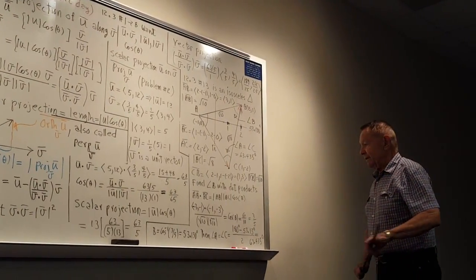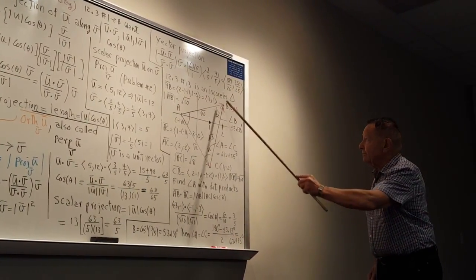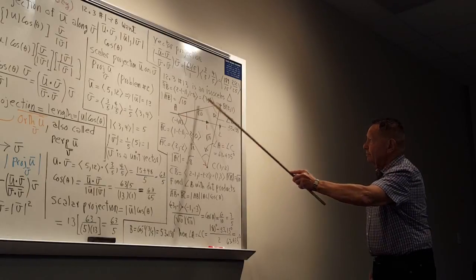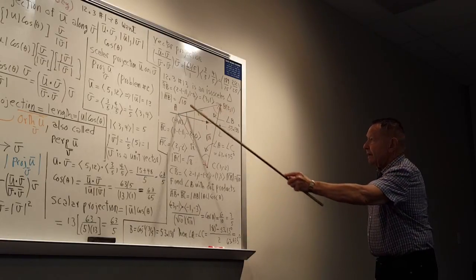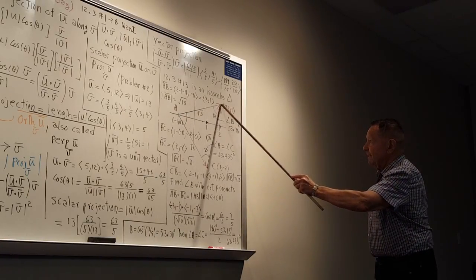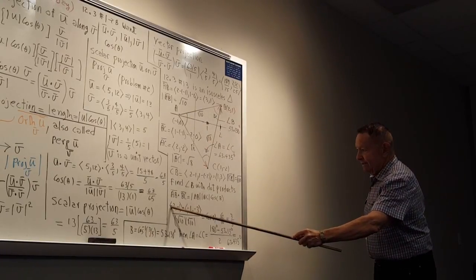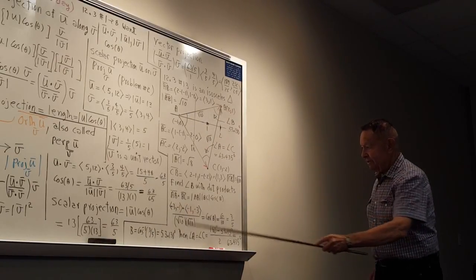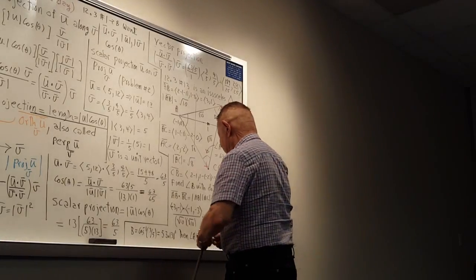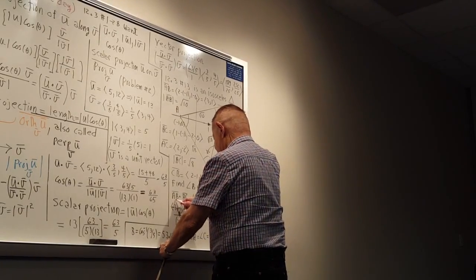So what I did to make them tail to tail, A to B was 3,1, so B to A would be -3, -1. So this is actually B to A right here.